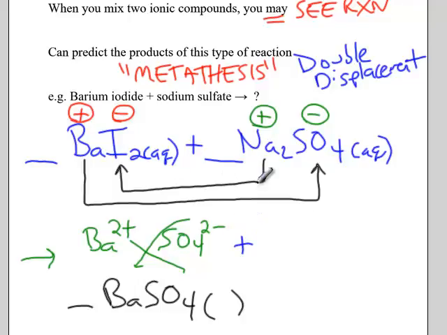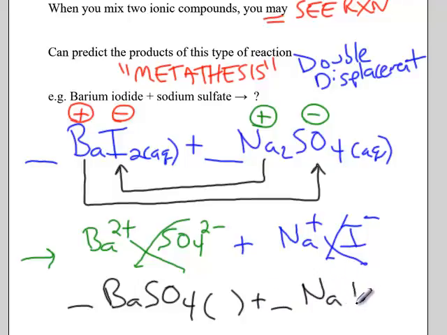The other combination is between the sodium and the iodide. Now remember, sodium is always a positive 1 cation, iodide negative 1 anion. So if we do our crisscross, we also get a 1-to-1 ratio. And then I leave parentheses to figure out the phase.